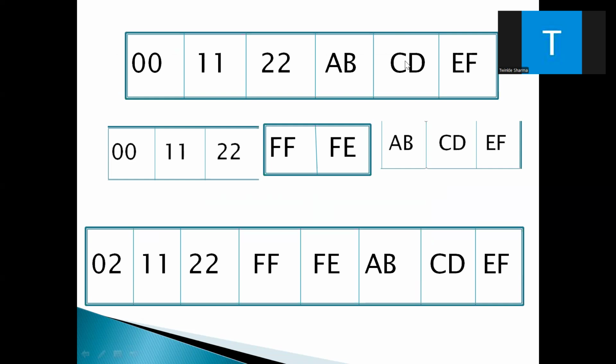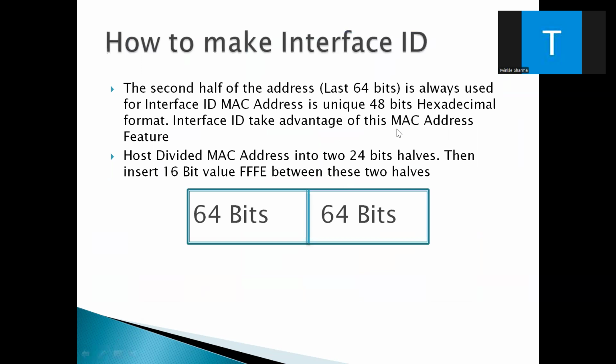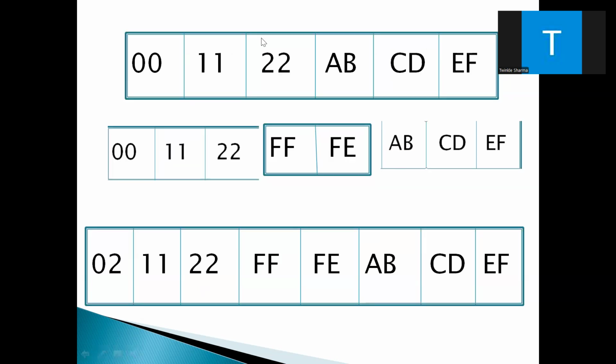So what we have done with this, we have to break it into two pieces, as we have read here, into two halves and insert FFFE between them. We break this in two like a Kit Kat chocolate, into two parts, then we add FFFE, then we have this.